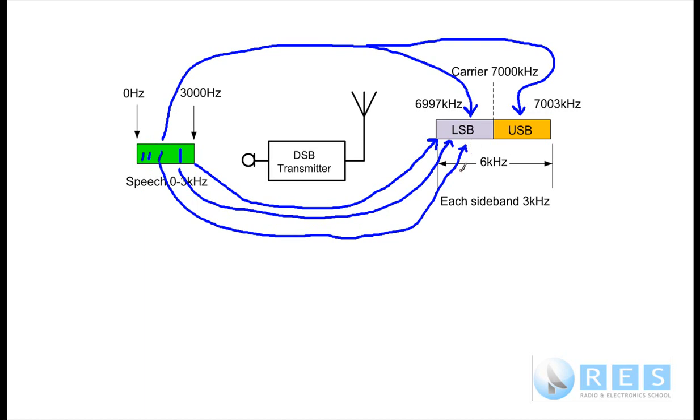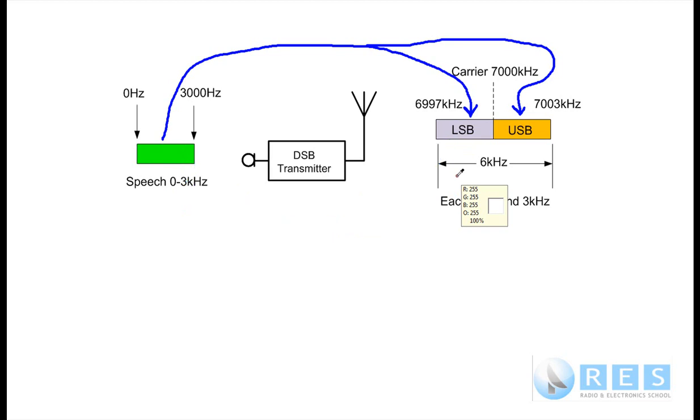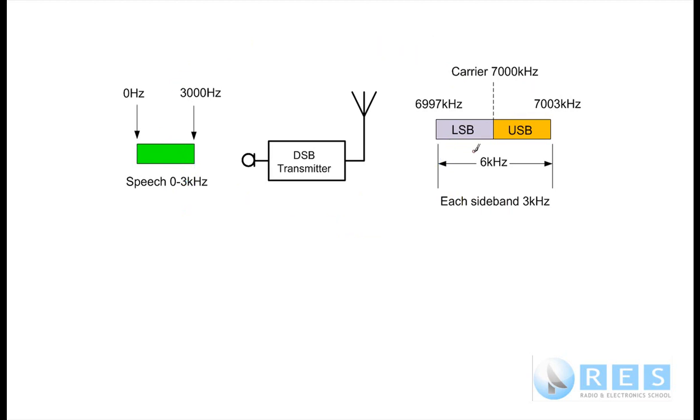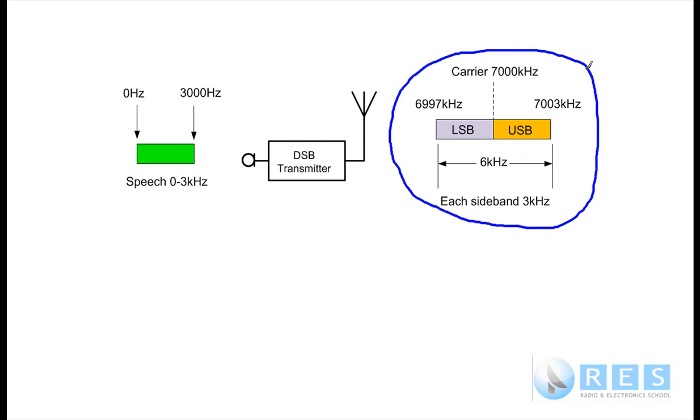And with double sideband, that happens twice. With double sideband, we mix the voice frequencies with a carrier, and we produce both sidebands, an upper sideband. This is an exact representation of these voice frequencies, and the lower sideband is an exact representation of these voice frequencies. Now this whole signal is radio frequency.